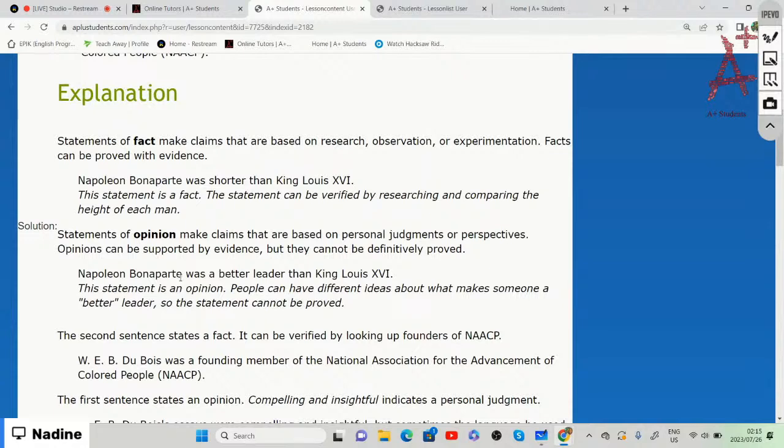All right. So that is now the difference between facts and opinions. And once again, we said statements of facts make claims that are based on research, observation, or experimentation, right?